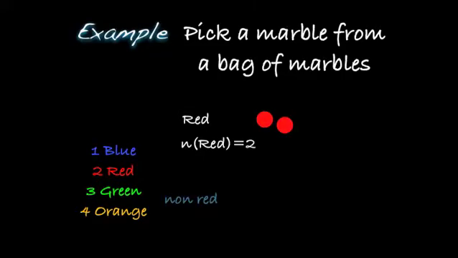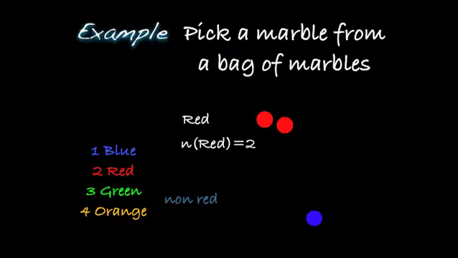Consider the experiment of picking a marble from a bag. The lower left corner is a summary of what's in the bag. There's 1 blue marble, 2 red marbles, 3 green marbles, and 4 orange marbles. If the event is picking a red marble, notice that there are 2 red marbles in the bag. The complement of red are all the marbles that are not red, the non-red marbles.